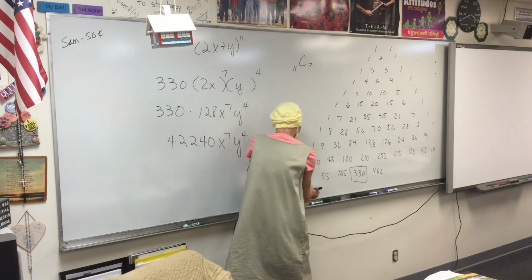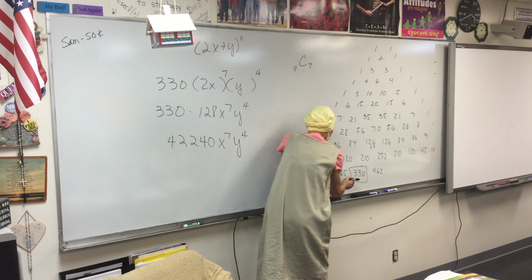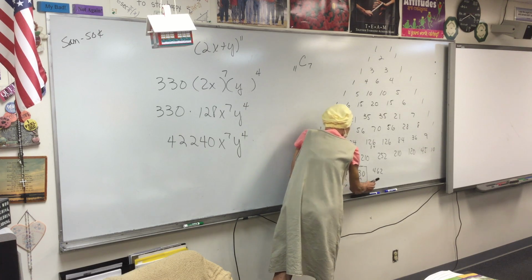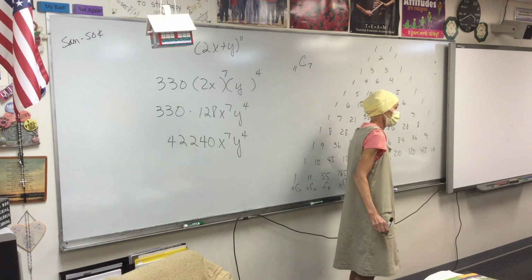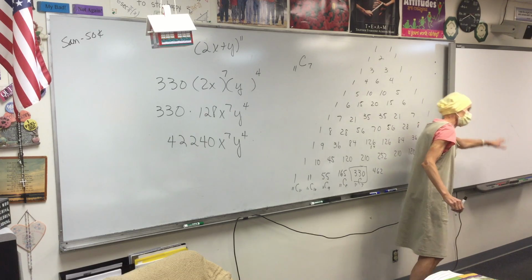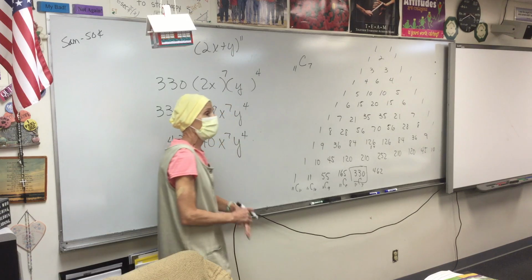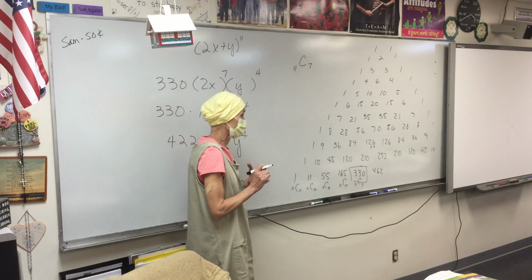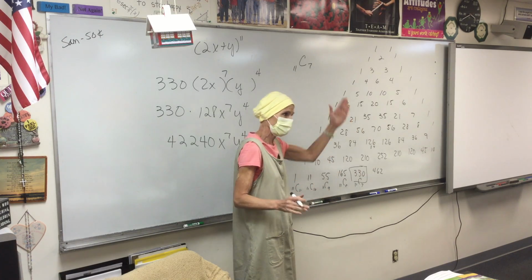The second number will be 11C10, 11C9, 11C8, 11C7. This would be 11C6, 11C5, 11C4, all the way down to 11C0. If you wanted a number in the 12th row, then it would be 12C, whatever.